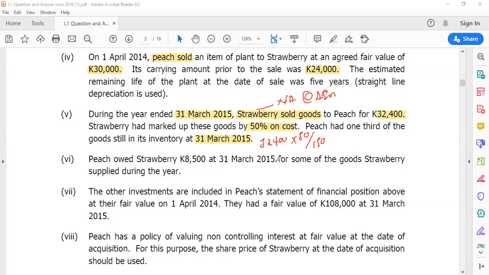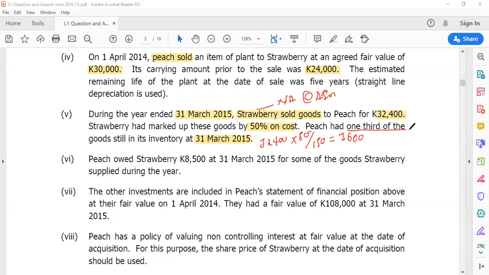We multiply by the 32,400 to get how much? To get 10,800. Have you seen? Now there's a problem here, Mr. Kafuti. Usually we could have gone to URP and removed the 10,800, but we're not going to do that. Why? Because we've been told Peach sold 1/3 of the goods.